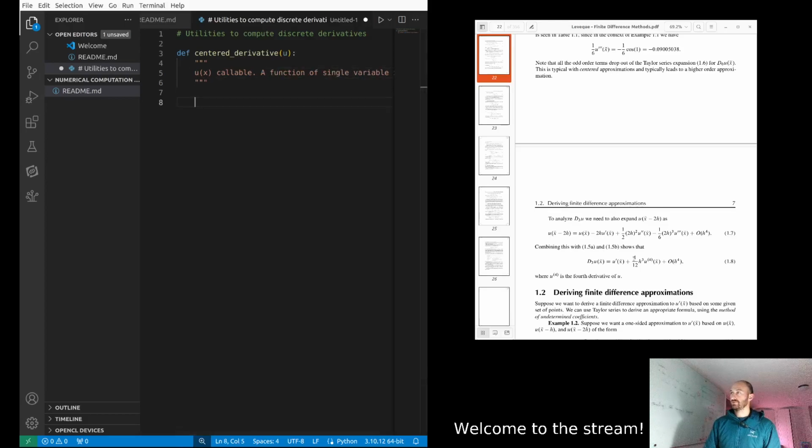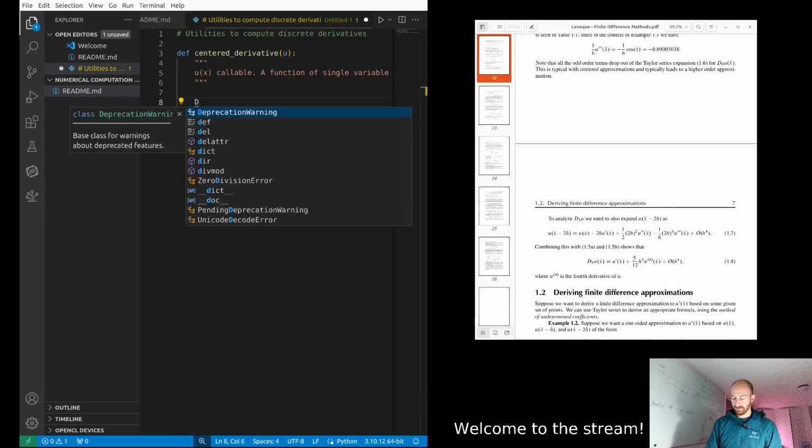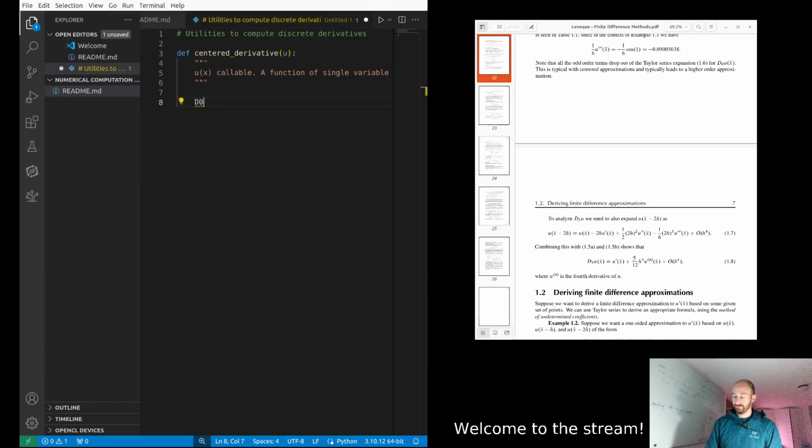And so what do we want to do? We want to return a function, right? So we're going to define perhaps d0 of u, right? It's going to be equal. Maybe we want to define a lambda. Let's define a lambda function.